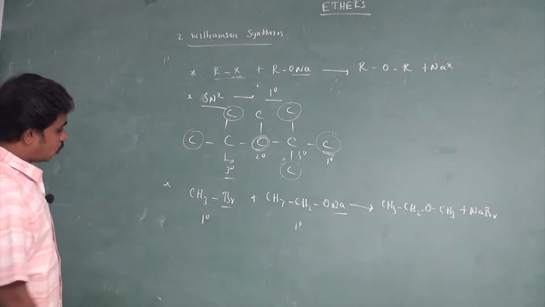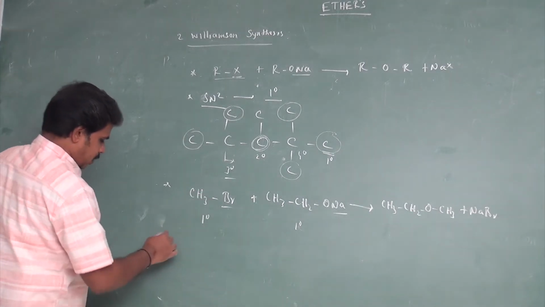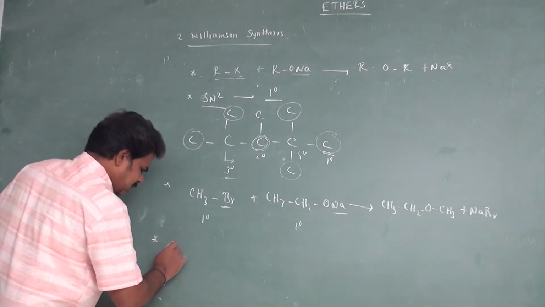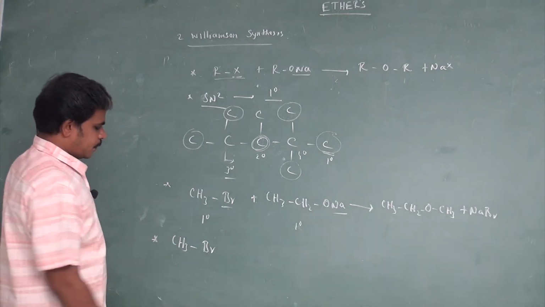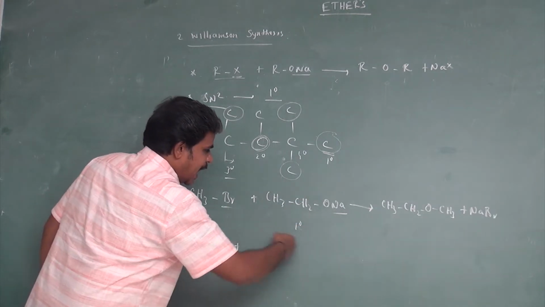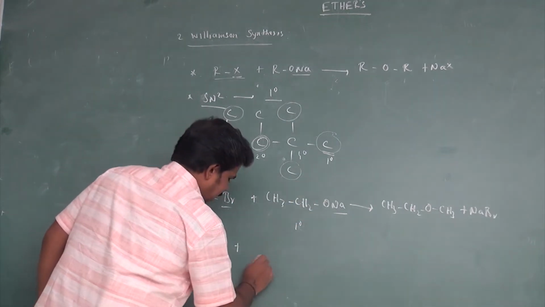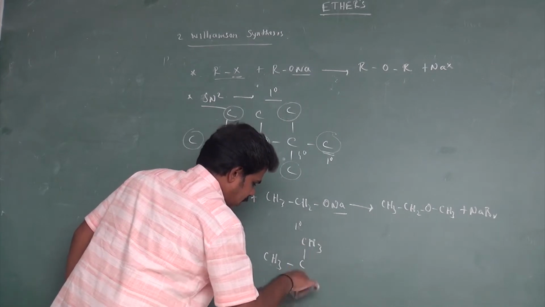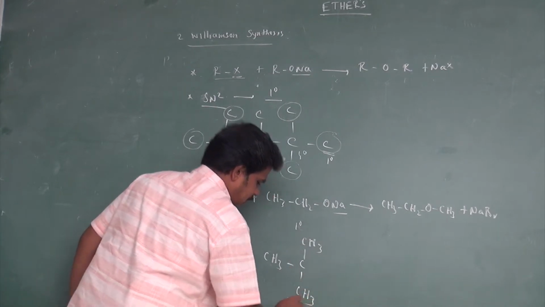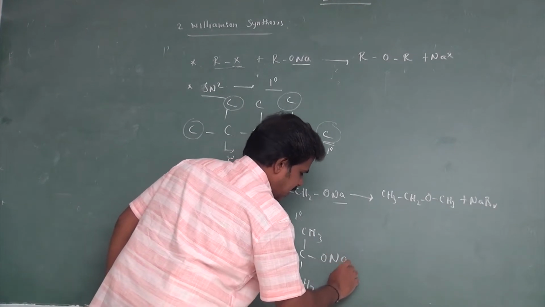Okay. Now instead of a primary alkoxide, we take the primary alkyl halide CH3Br and a tertiary alkoxide, that is CH3, CH3 and CH3 with ONa.